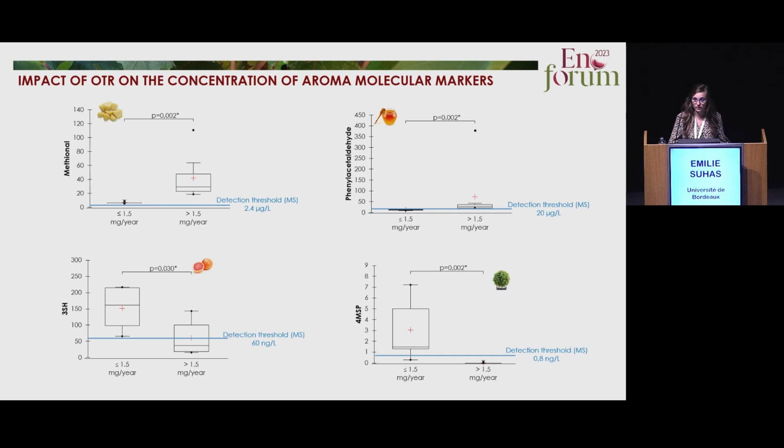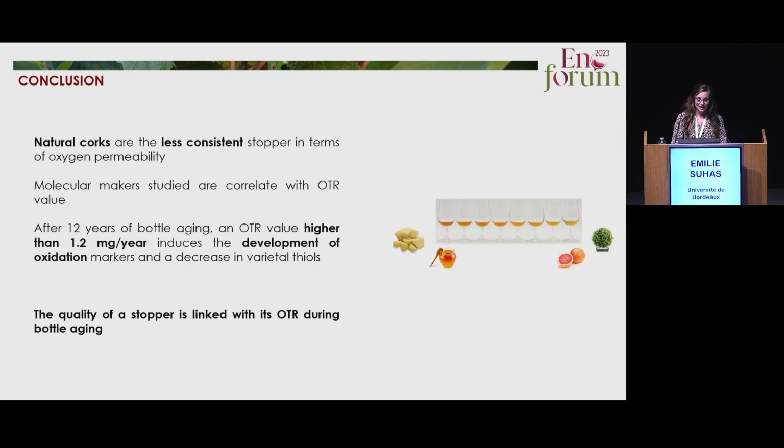Now, let's look at the thiols in Sauvignon. The samples that have a low OTR will maintain concentrations of these compounds that are above the detection thresholds. Therefore, in wines with a low OTR, there's a sensory impact also even after 12 years of bottle aging.